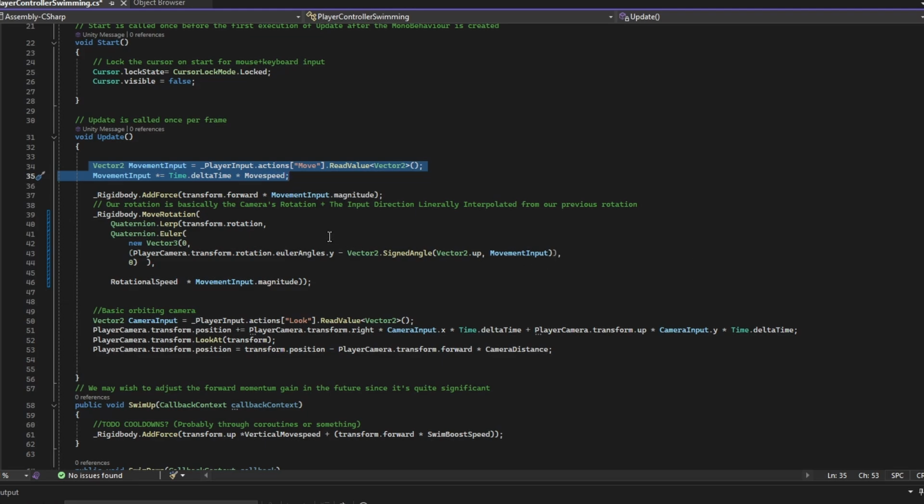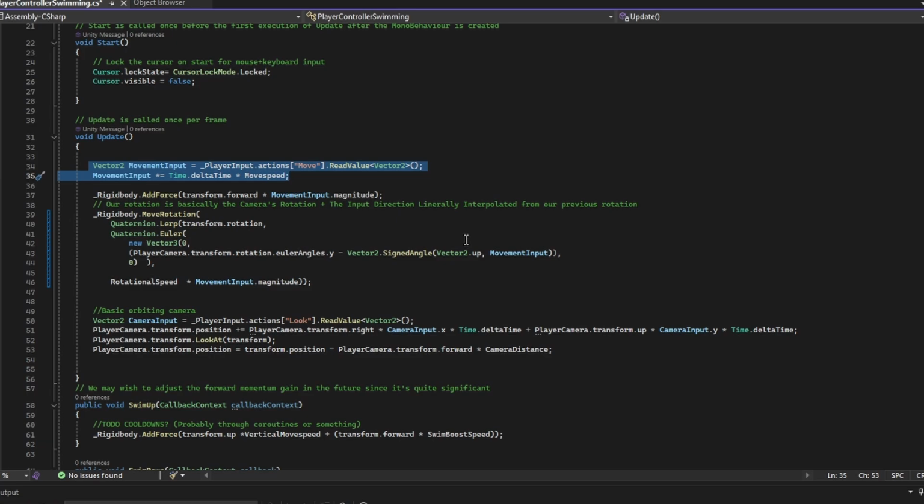Now we subtract this because it's actually inverse the way we'd probably want it. So if it's going left, it's going to be positive, and if it's right, it's negative. So we subtract it so it's the inverse of that, and basically that's it. So now we're subtracting 90 when we hold left and adding when we hold right.